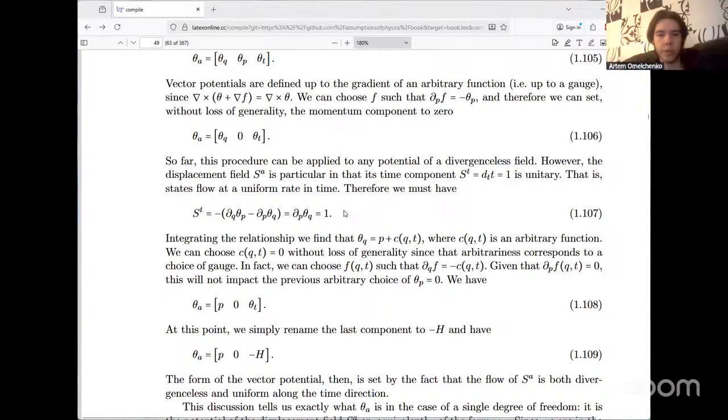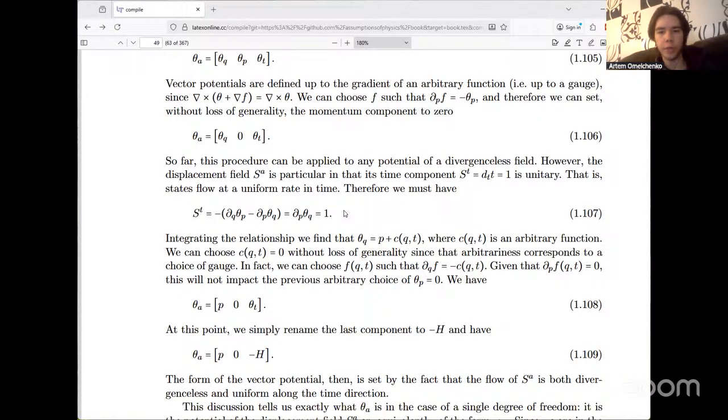So integrating the relationship, we find that theta_Q is P plus C of Q and T, where C of Q and T is an arbitrary function. We can choose C of Q and T equals 0 without loss of generality, since that arbitrariness corresponds to a choice of gauge.